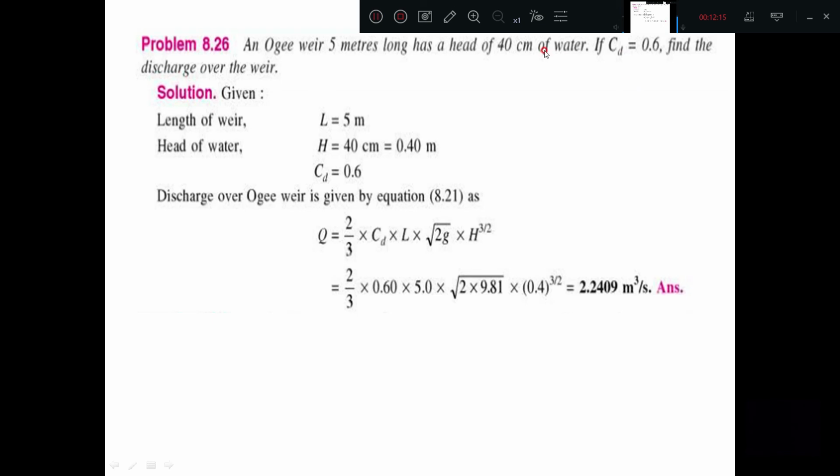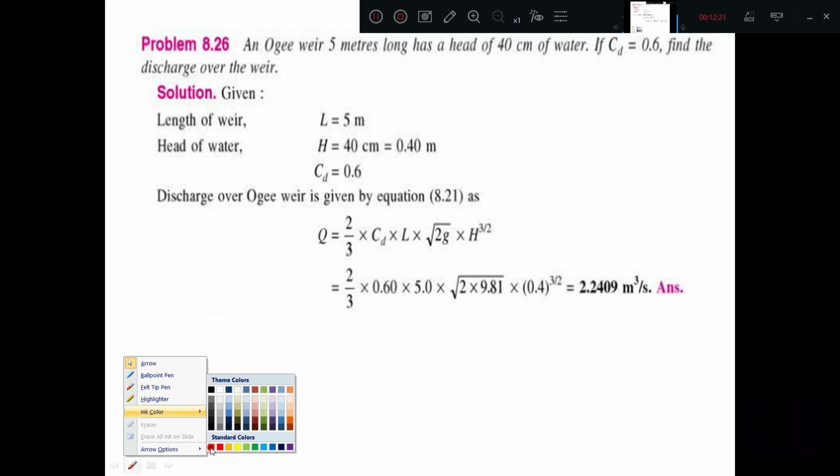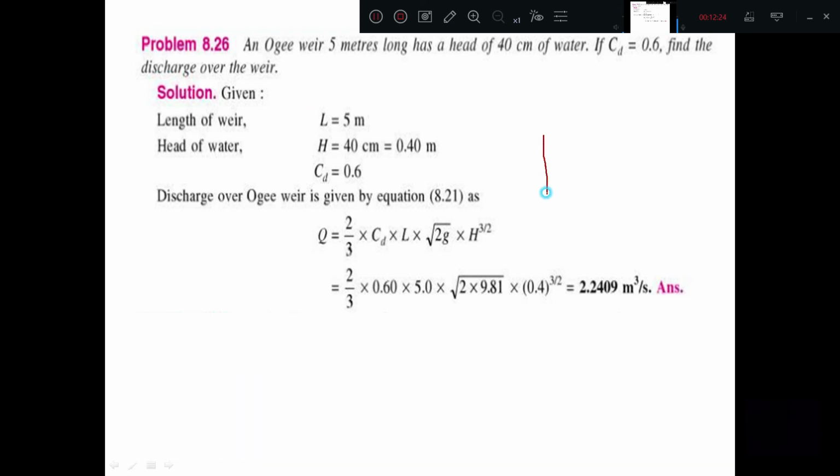If CD is 0.6, find the discharge over the weir. So the weir here is given as an Ogee weir, Ogee shape weir. It will be like this. You know it is an Ogee shape weir. This is the Ogee shape, and the water will be falling like this.